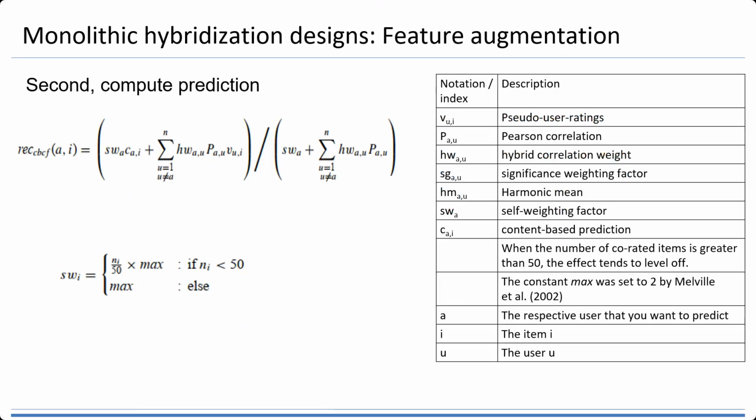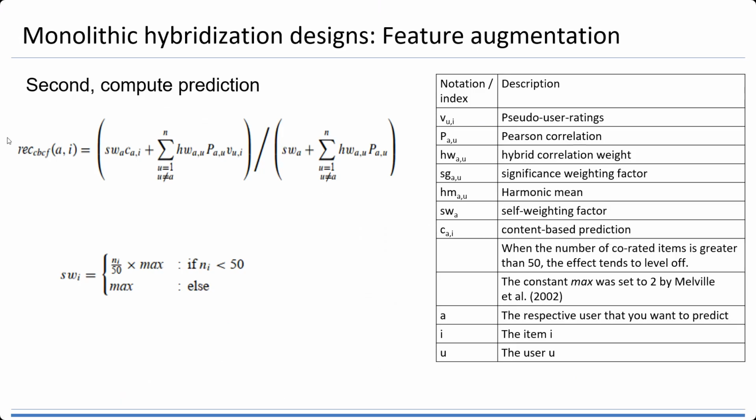Then we can just apply this computation. So the recommendation will be A, I. We check this with V, which is the pseudo user rating, P, which is the Pearson correlation, HW, which is the hybrid correlation weight, SG, which is the significance weighting factor, HM, which is the harmonic mean, SW is the self-weighting factor, and CAI is the content-based prediction.